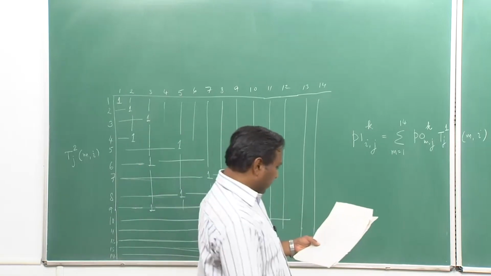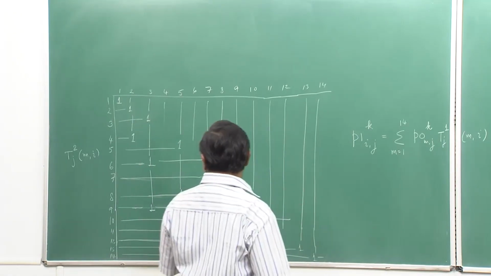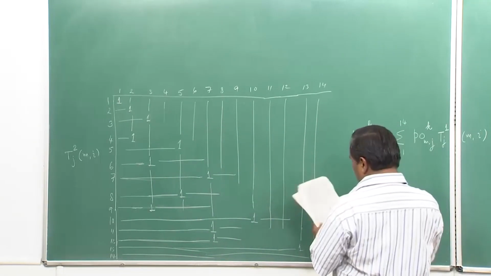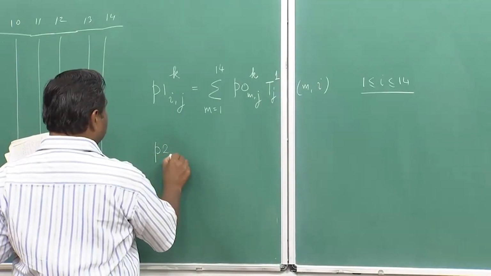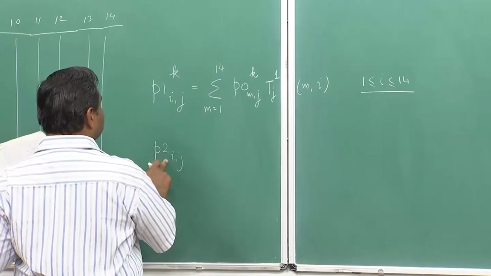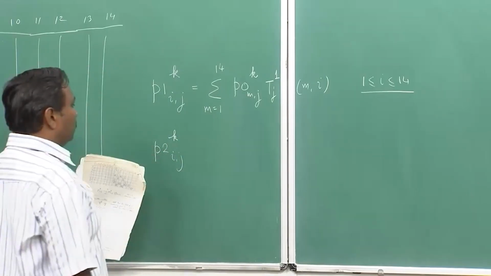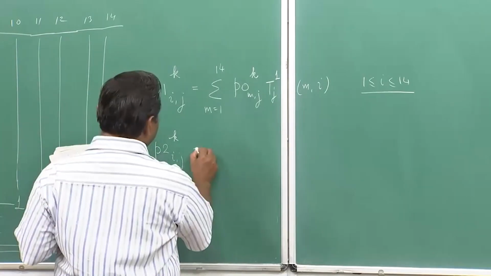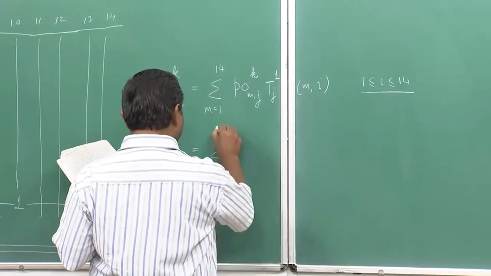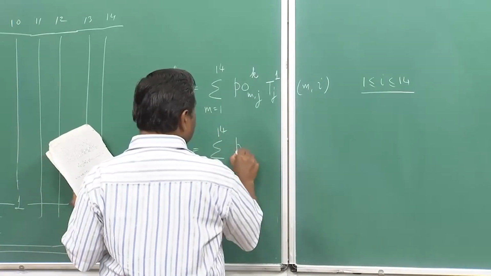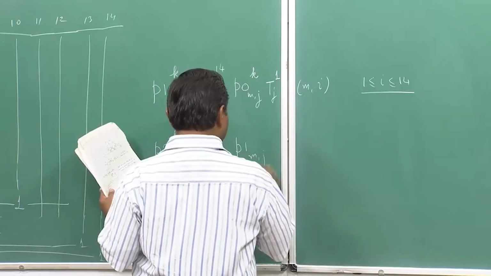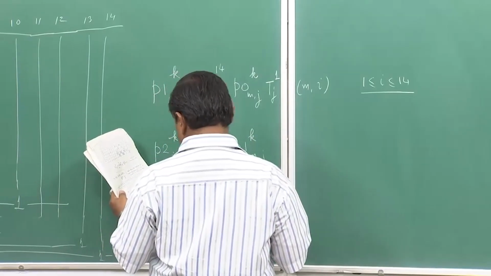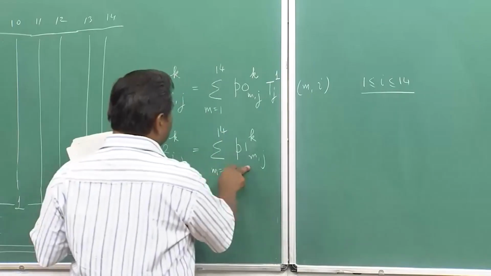So, once you know this, I can now build up the transitions based on this. This will be P2. This is the probability after step 2, what is the probability you will be in state 2 in kth time step. This will be the summation of m equal to 1 to 14 of P1 mj, okay, this is the probability after step 1.